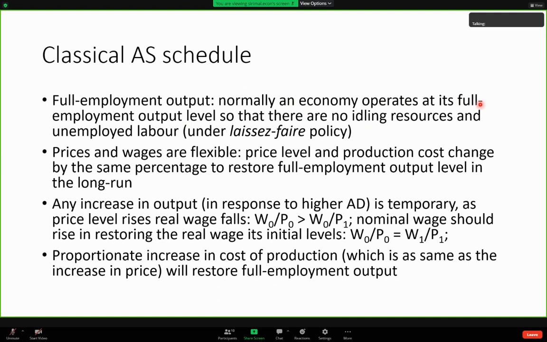When the economy operates at its full employment output level in the long run, that means there are no idling resources, no unemployed labor or unemployed other resources. If we guarantee laissez-faire policy, that means free market policy, then we have full employment.